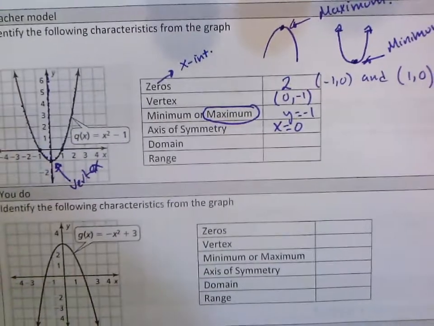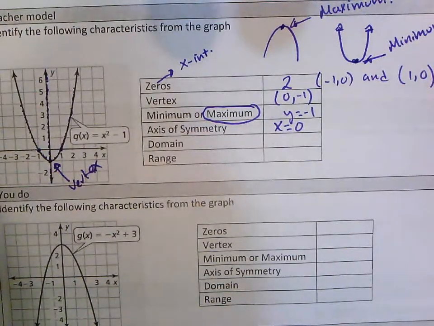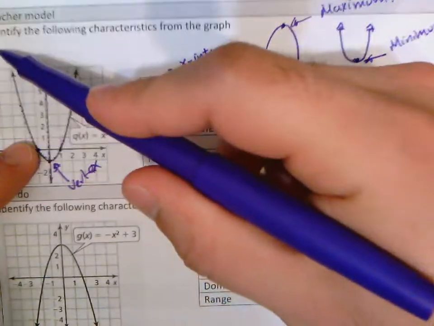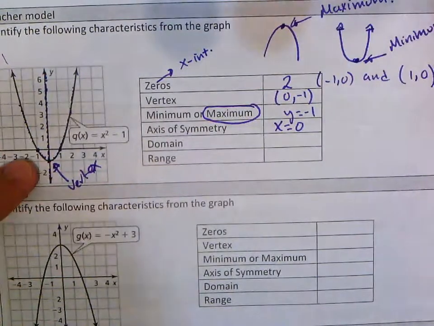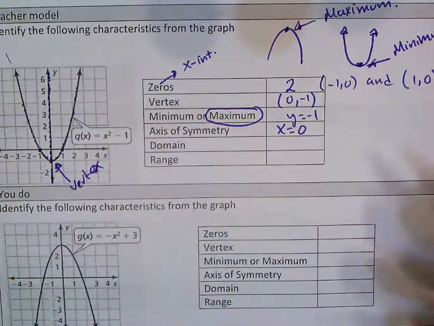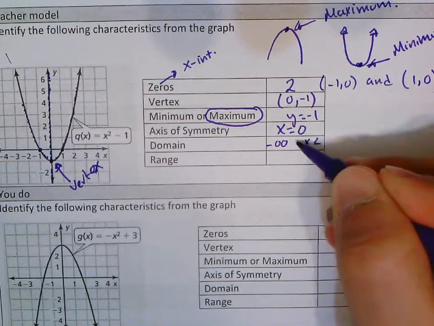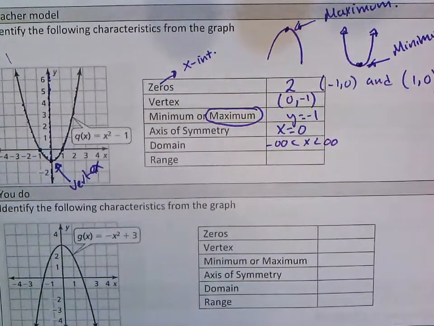But we have infinite numbers of x's and y's. However, because my parabola is not constrained, it continues to go left and right. That means that my domain will be from -infinity to +infinity.